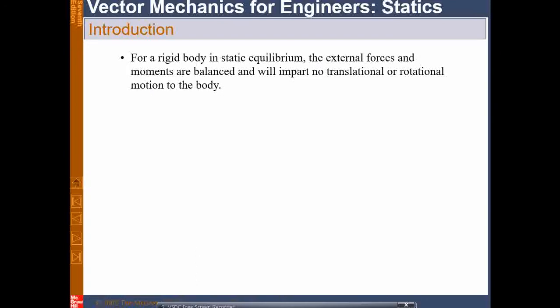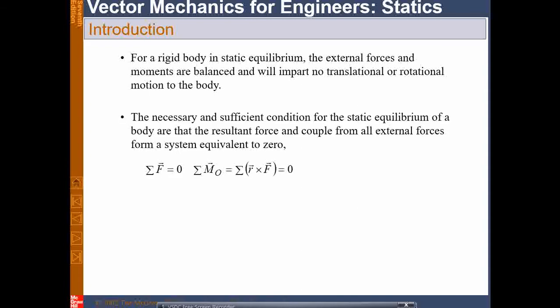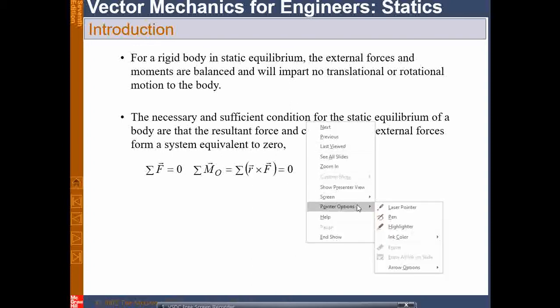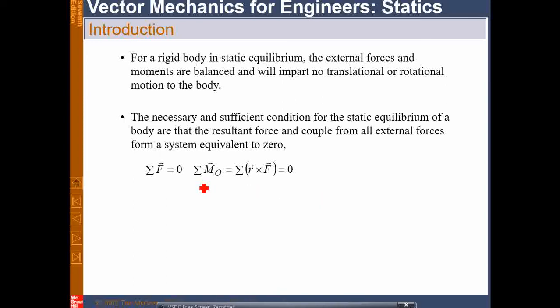For a rigid body to remain in equilibrium, the external forces and moments acting on the body should balance. In the usual sense, for a statics condition, the sum of all the forces acting on the body must be equal to 0, and the sum of all the moments acting on the body must also be equal to 0.